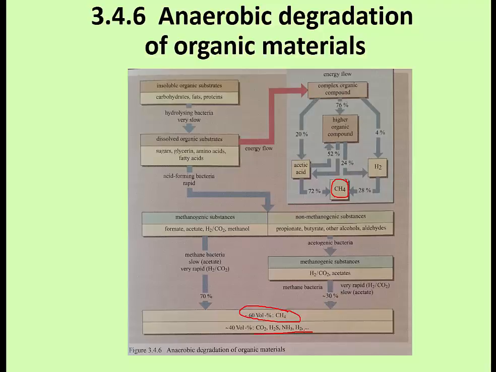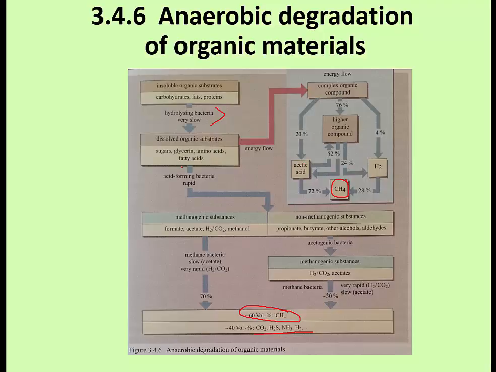So again, I'm not going to walk you through the total here, but you can see your rate limiting step. The very first one, breaking down your carbohydrates, fats, and proteins, is very slow. And then you have a faster step for sugars, amino acids, fatty acids. This is where you pump some energy into this system.